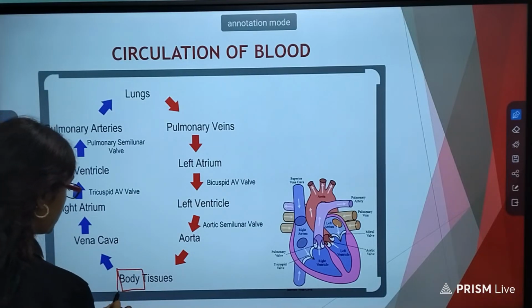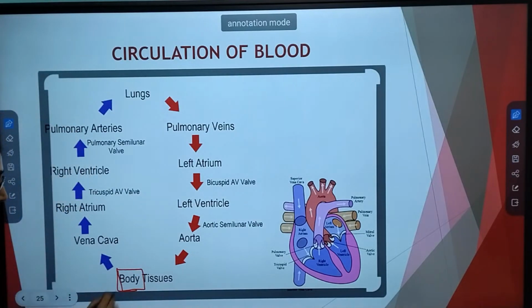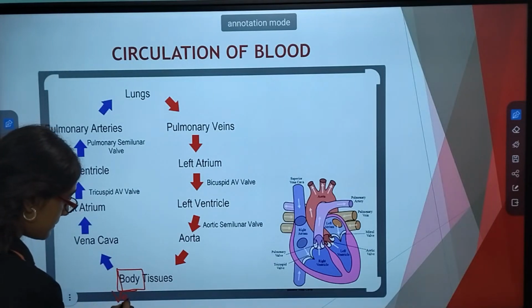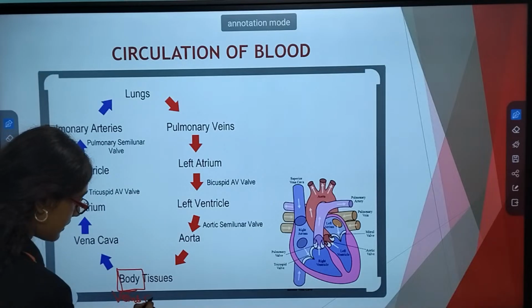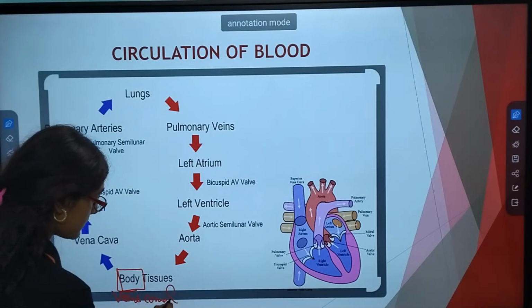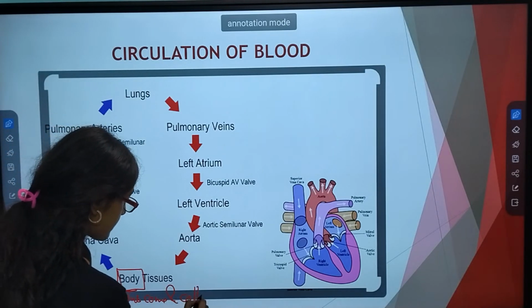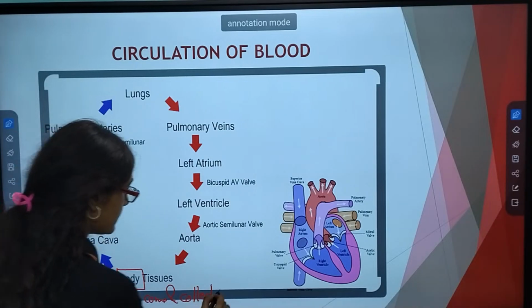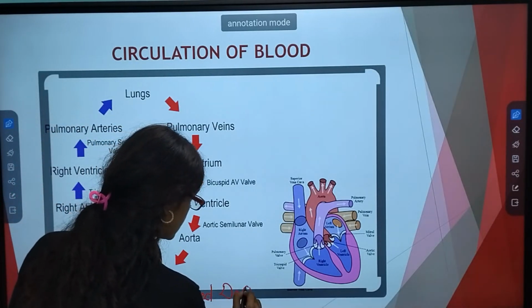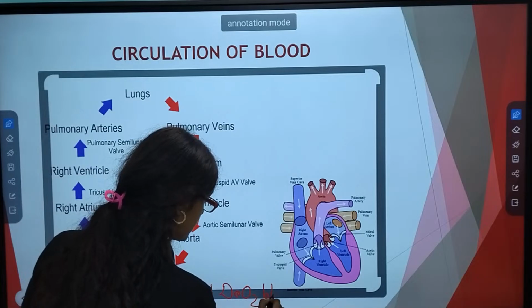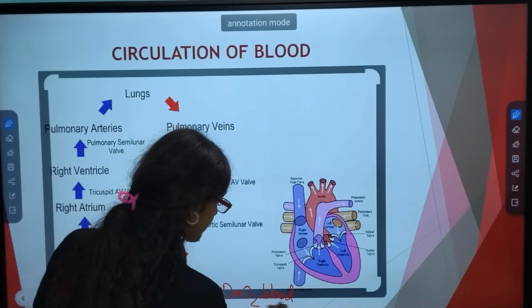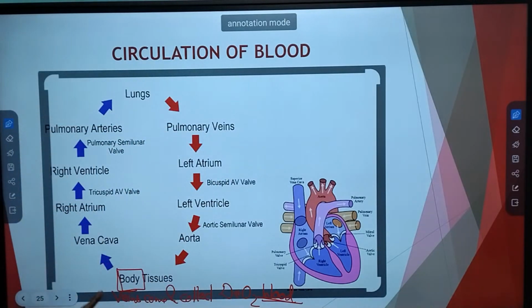From your body, veins come and collect deoxygenated blood. Veins come and they collect deoxygenated blood from the body.